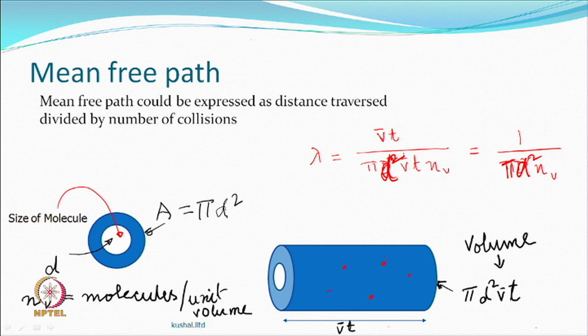So pi d square, average velocity v bar and number of molecules are the ones which are going to decide the lambda. Therefore, if we write it again, it is 1 over pi d square n_v. Is that okay? So, it is dependent on the size of the molecule and dependent on the number of molecules.